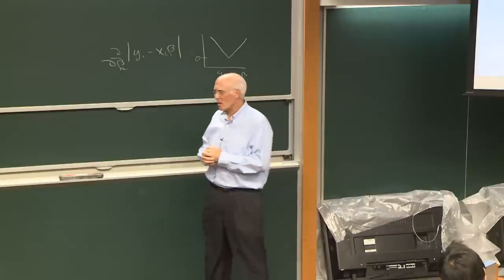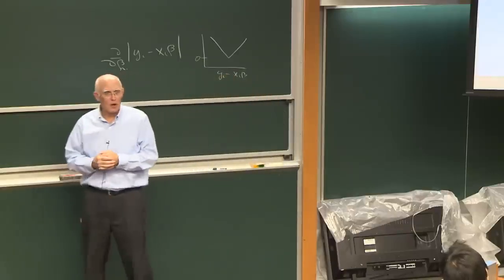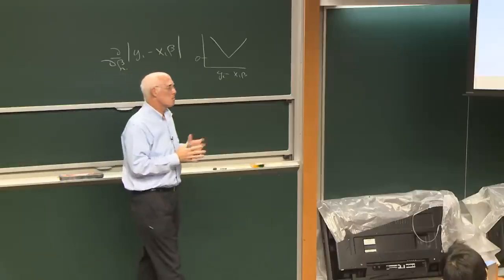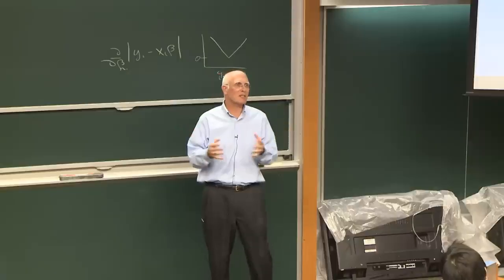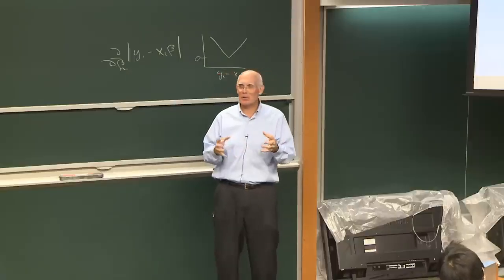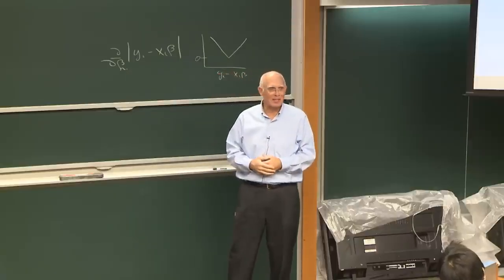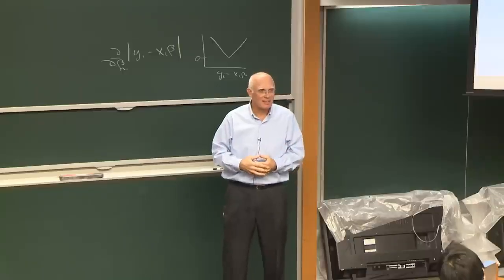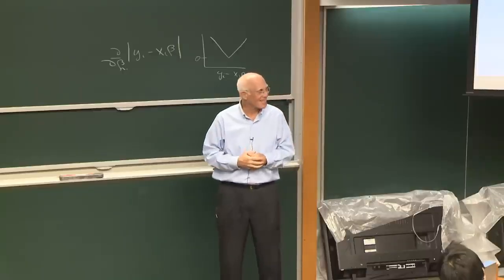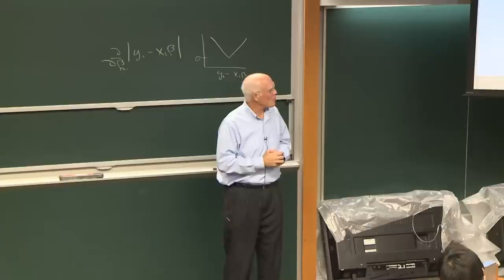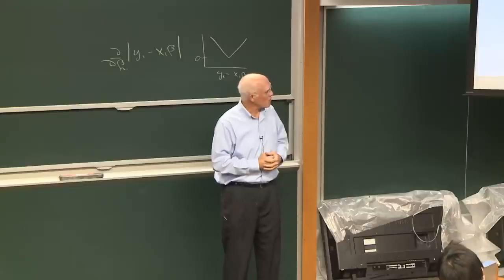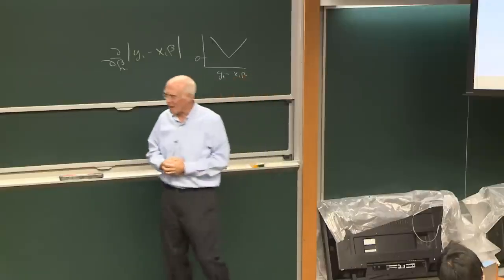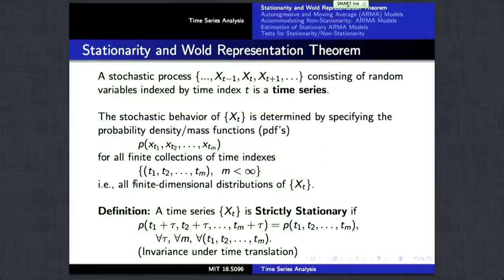That's a very strong property, but it's a reasonable property to ask for if you're doing statistical modeling. What do you want to do when you're estimating models? You want to estimate things that are constant. Constants are nice things to estimate. And parameters of models are constant, so we really want the underlying structure of the distributions to be the same.